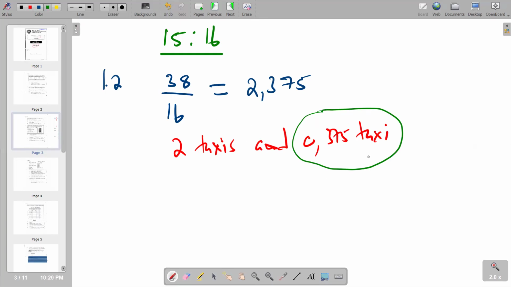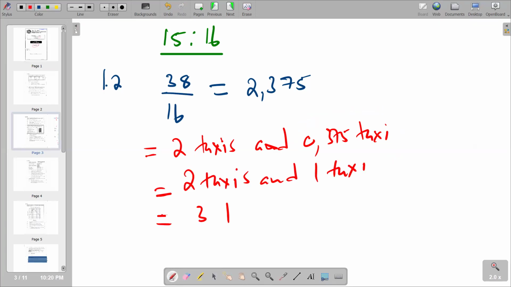So we also need a taxi for that extra. So basically, this fraction represents 1. So we need 3, which means the third taxi won't be full. If you want to find out how many learners will be there, you say 0.375 and then you multiply by 16, and then you get the number of learners that will be there. But obviously they need one taxi.